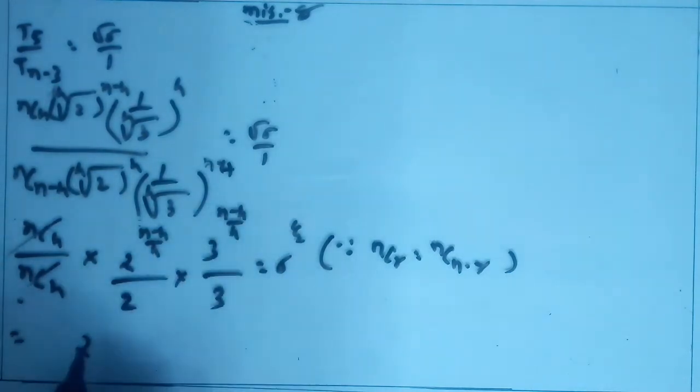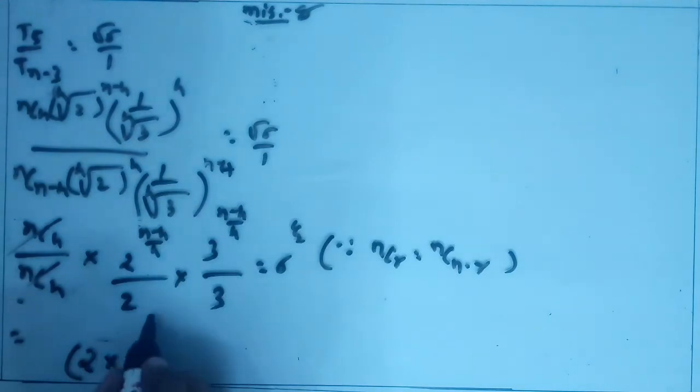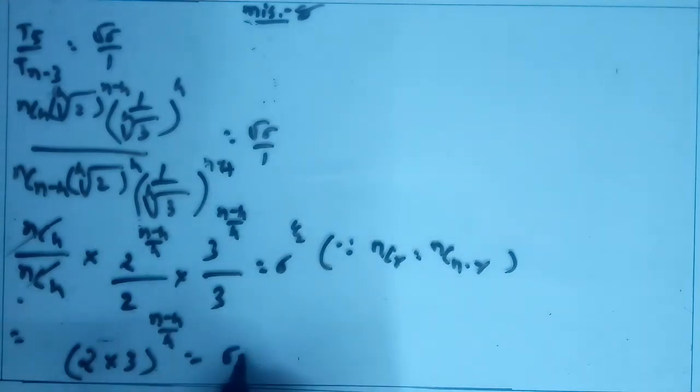Both have the same power, so 2 raised to n minus 4 upon 4, simplify this: 2 into 3 raised to the power, common power take outside, n minus 4 upon 4 is equal to 2 into 3, 6 into 6 raised to 1 by 2.